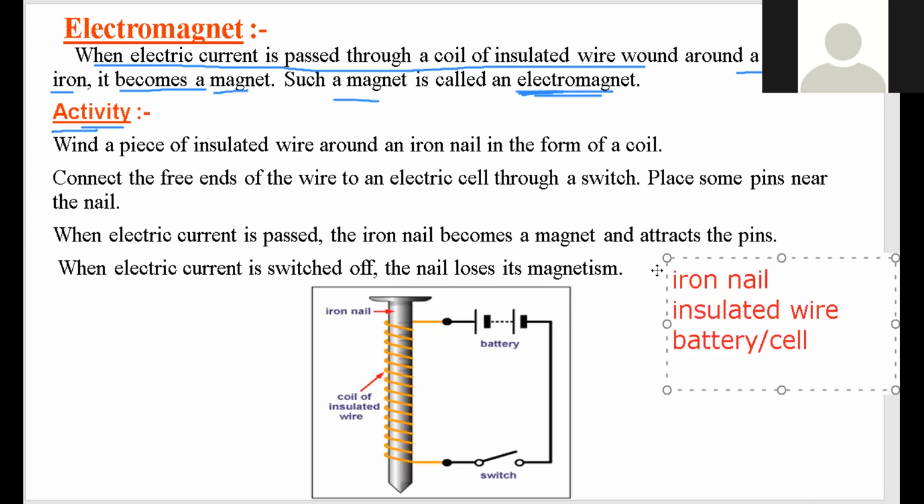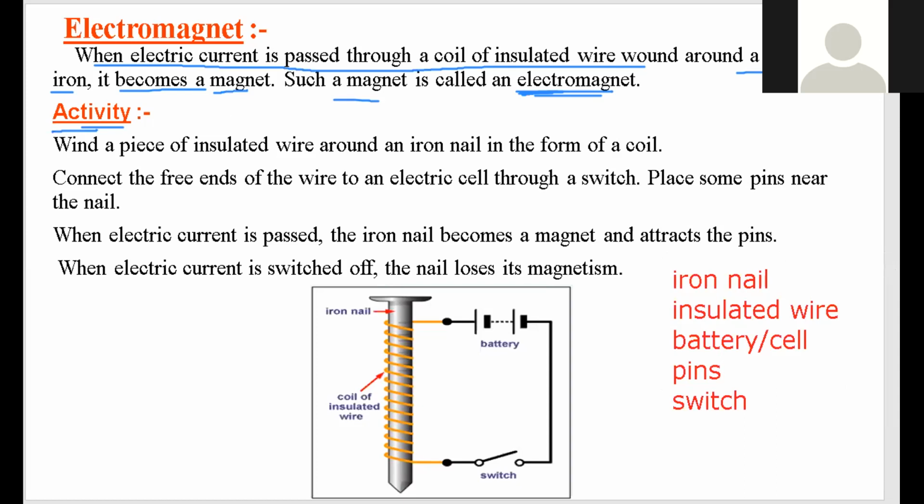Next, small pins. We need iron pins, which are used in bulletin boards to keep paper together, or paper clips, or even safety pins. All these pins can work, even stapler pins will work. And finally, we need a switch. If you have all these materials at home, you can perform this.